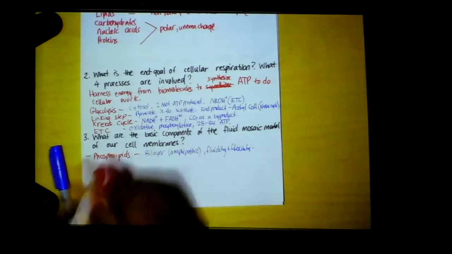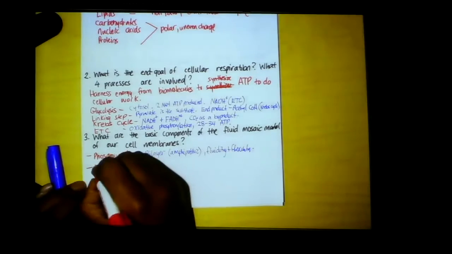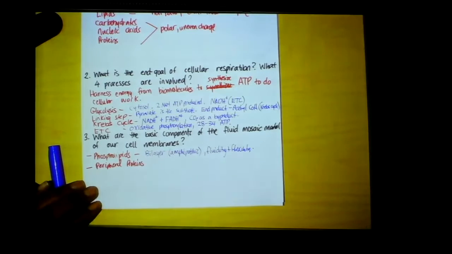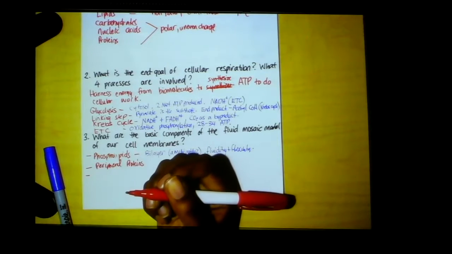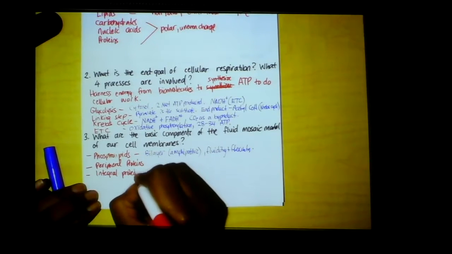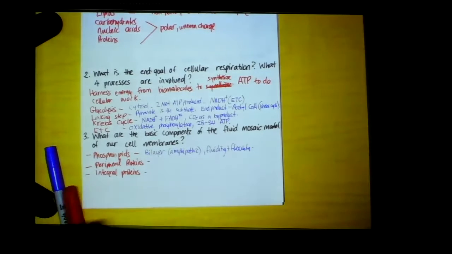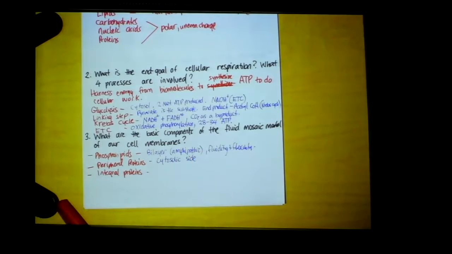All right, what are the other structures? We had our peripheral proteins, right? And we had what other types of proteins? Integral proteins. Peripheral proteins were on what side of the membrane? Cytosolic side. Whereas integral proteins were one of two flavors. What were the two types of integral proteins?